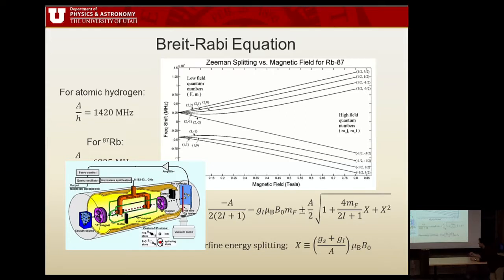I'll just mention very quickly, this is a prototype cesium atomic clock, and it makes use of both regimes, interestingly enough. It has two Stern-Gerlach apparatus and a Ramsey cavity in the middle. This is a cesium hyperfine transition, a transition that goes up between the two F manifolds.